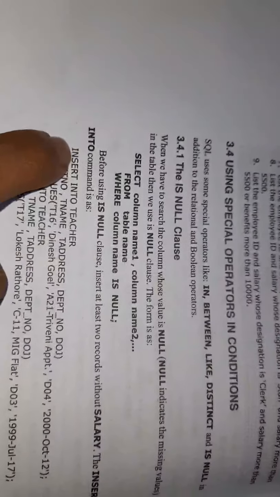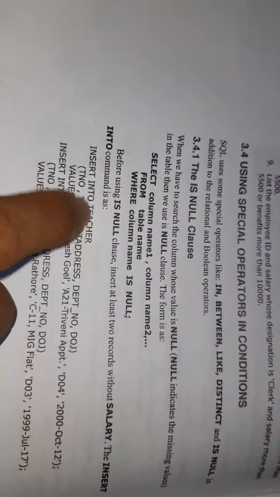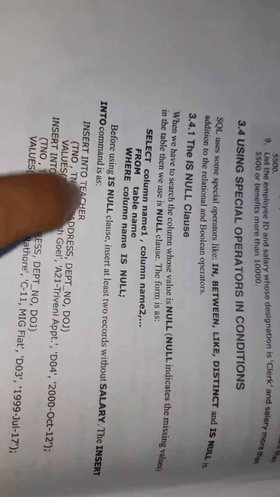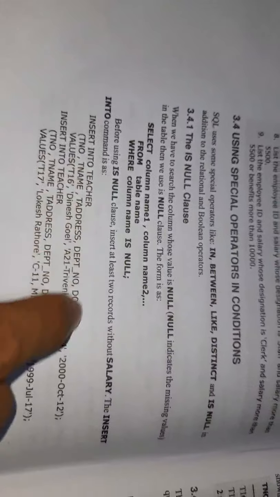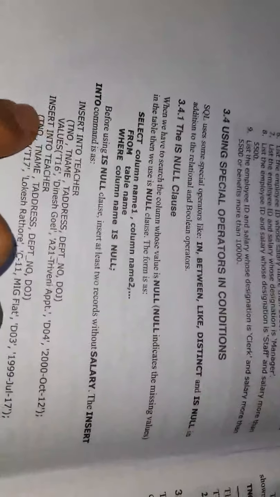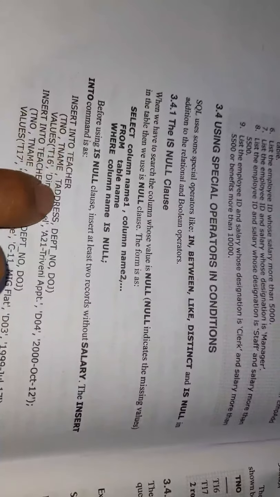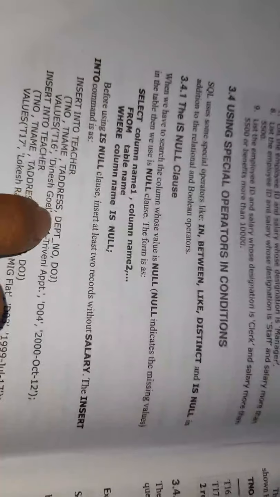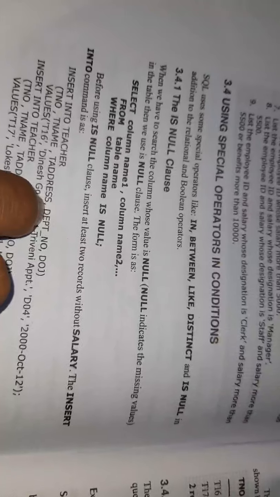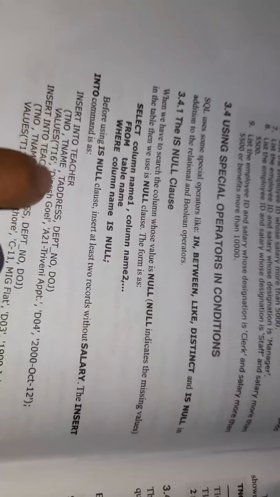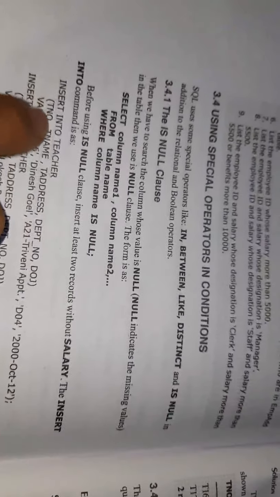So here, when you're inserting into the teachers table, the column names are mentioned here: T number, T name, address, department number, date of joining. As you can see, this is the salary, but salary is not mentioned here. In between the T address and department number, the salary column is not there, so this is implicit insertion.